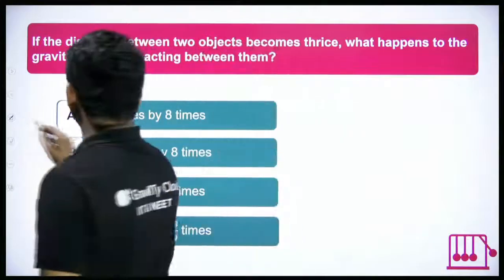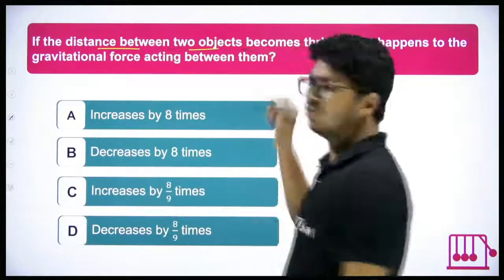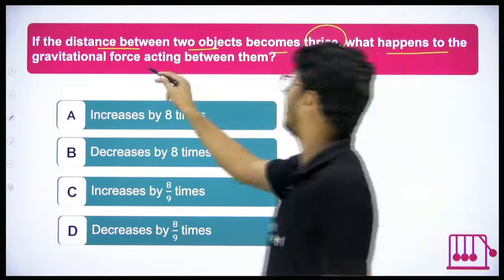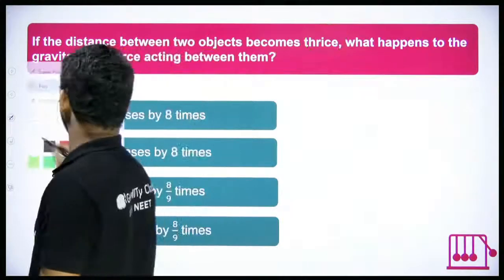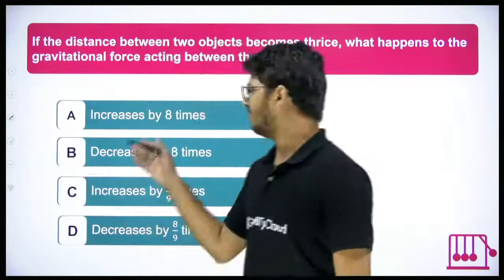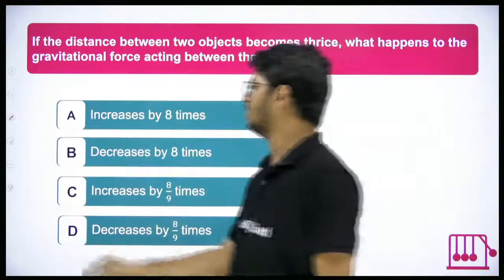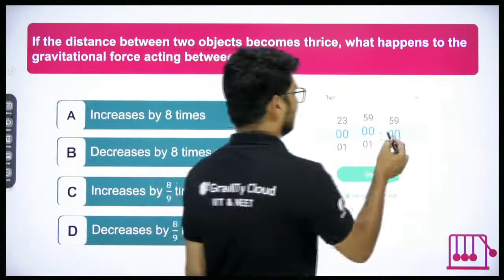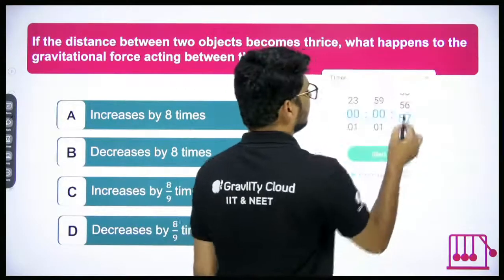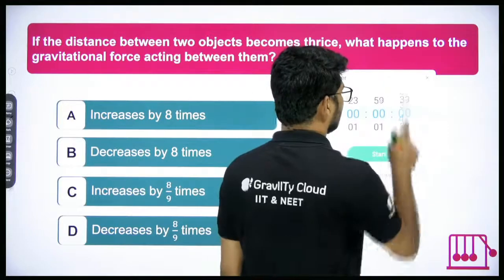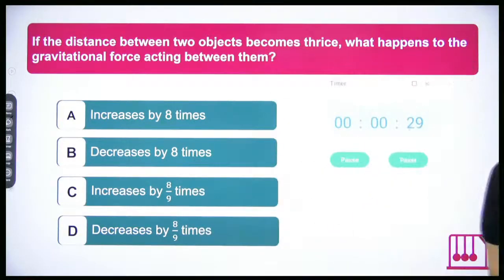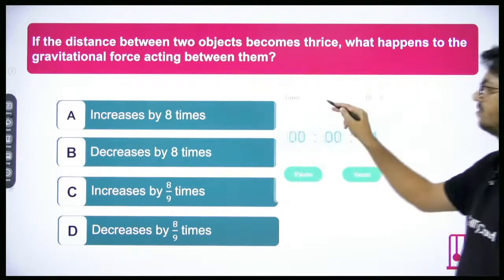Next, if the distance between two objects becomes thrice, what happens to the gravitational force acting between them? A few options, but very quick. I'll give you 30 seconds. A simple numerical question, right? 30 seconds are enough. So please solve it. The distance becomes thrice.